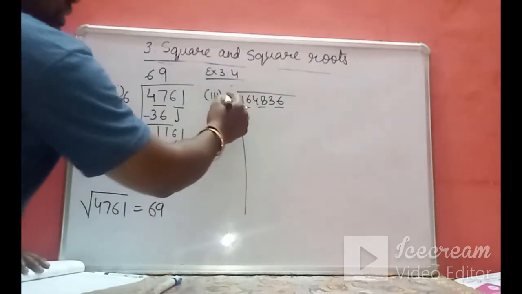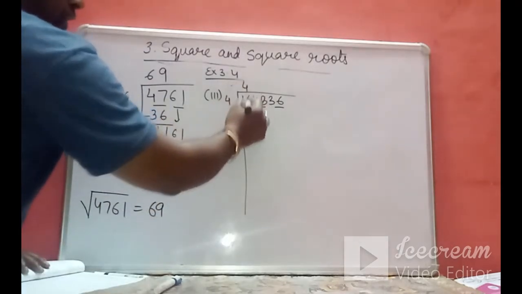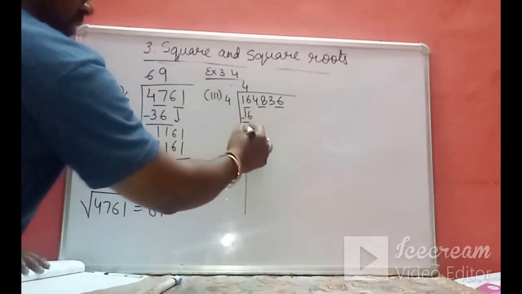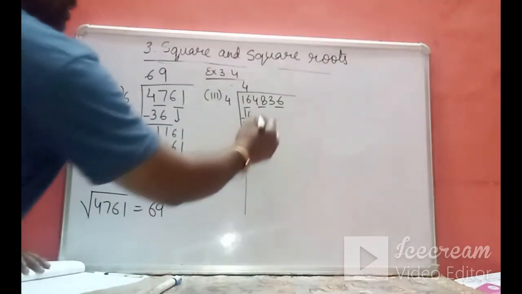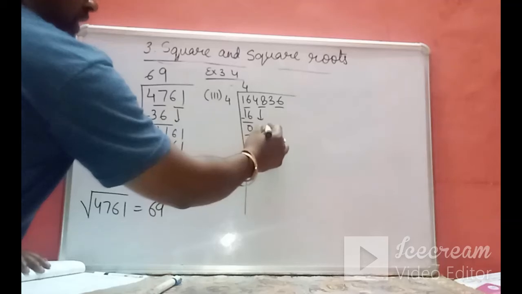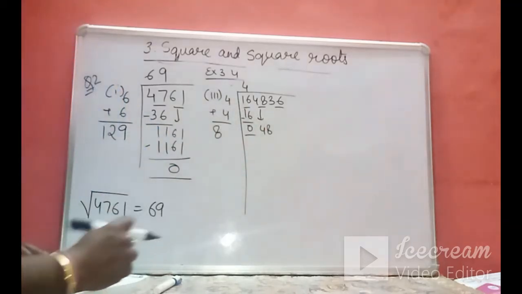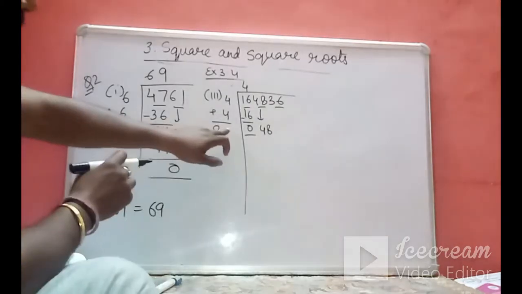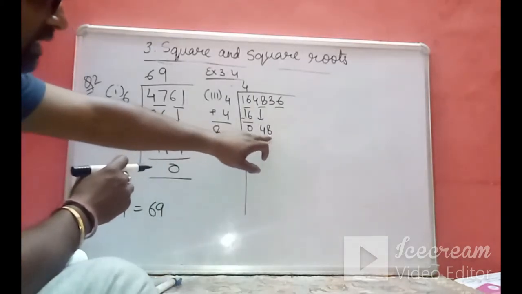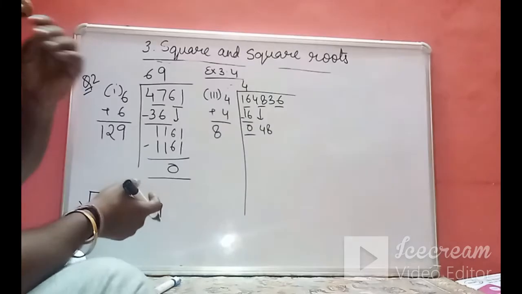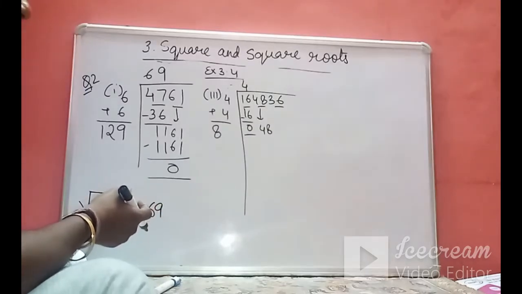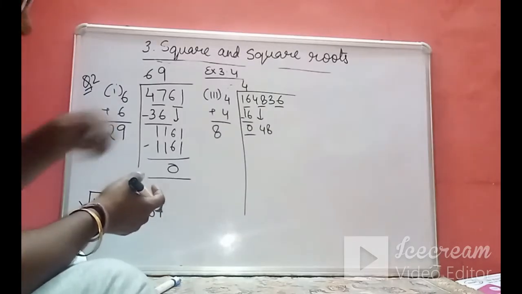So nearest square to 16 is 4 into 4, 16. So I will minus, I will get a 0. Now I will bring this 48 here and this 4 will come here, 8. Now you just see here, if you put, this is 8 and there is no number which contains 8 as a unit digit and is a perfect square.